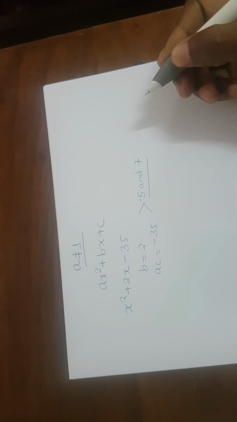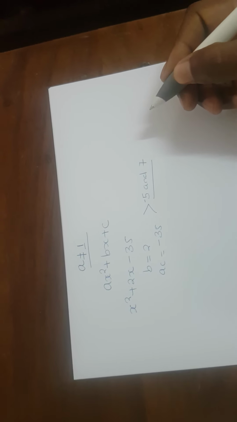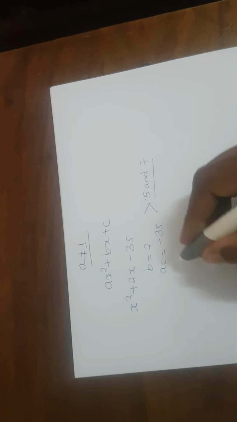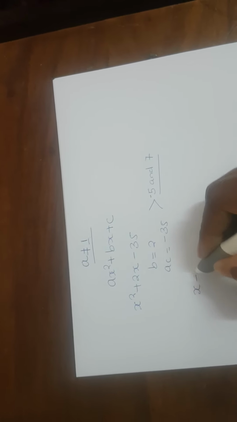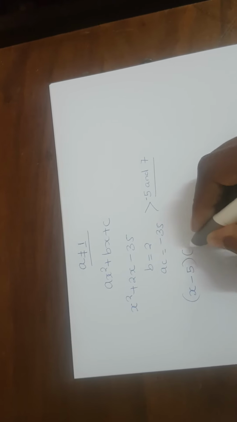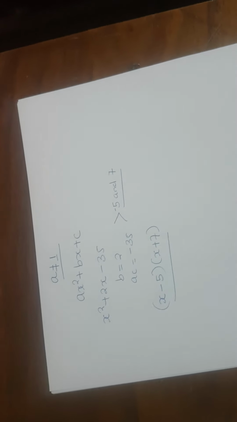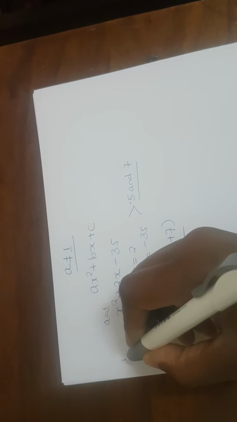As long as my factors are negative 5 and 7, I just write it directly as x minus 5, then x plus 7.